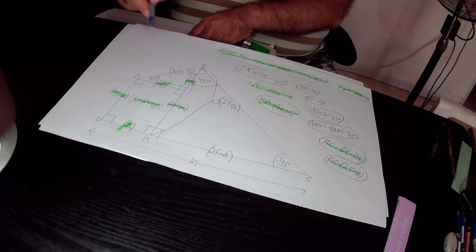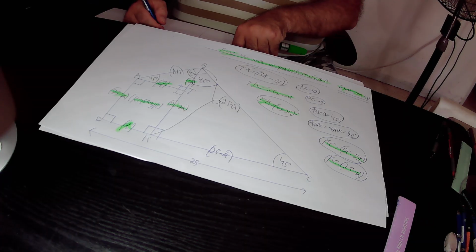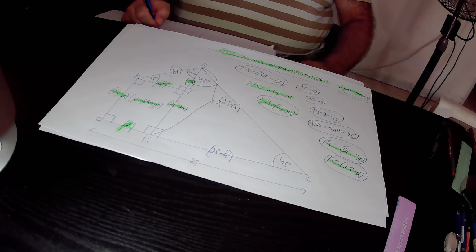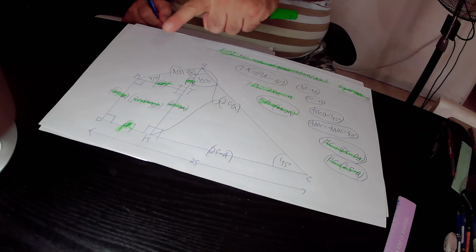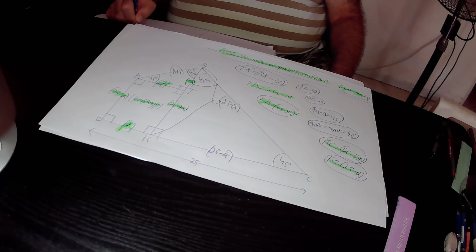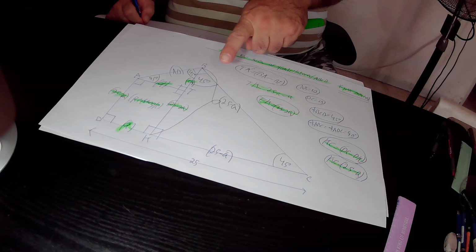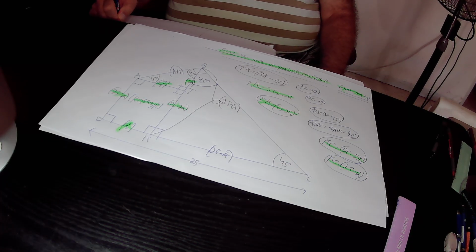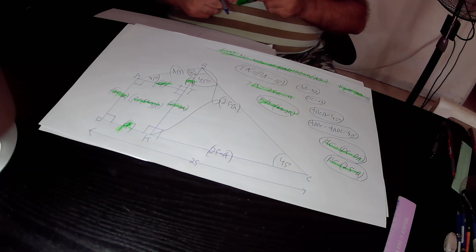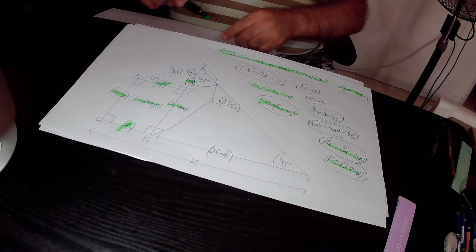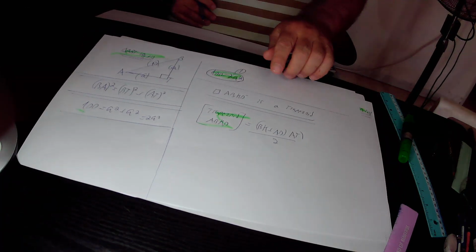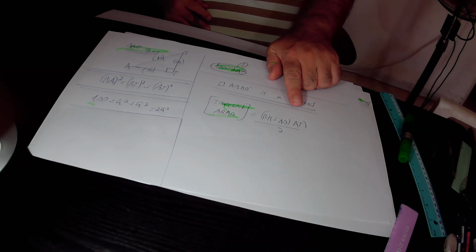And what is the area of trapezoid ABKD? The area of trapezoid ABKD is equal to the sum of its two parallel sides, that is BK plus AD, times the height AT. AT is the height because it makes 90 degrees with the two parallel bases. So times the height AT, over 2.